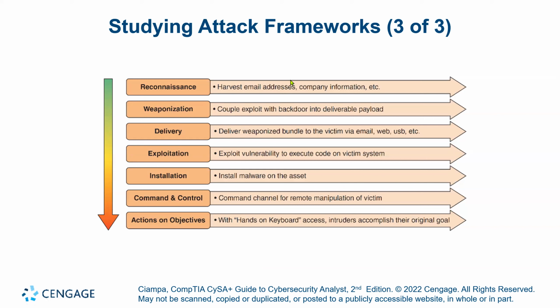Delivery, this is the kill chain one. Deliver the weaponized bundle to the victim via email, web, USB, etc. Exploit vulnerabilities to, I don't know why they didn't put that on here, but yeah, this is an example of what the kill chain looks like.